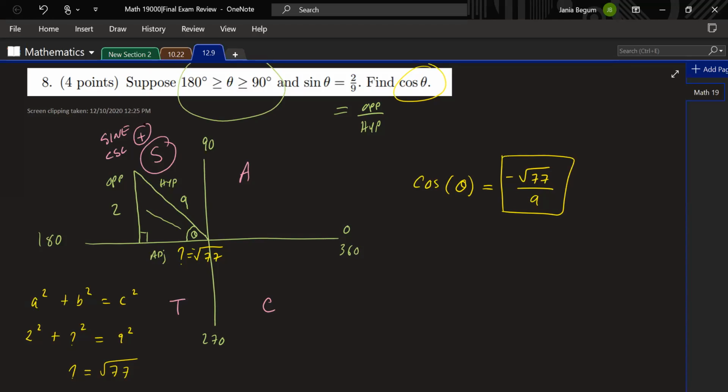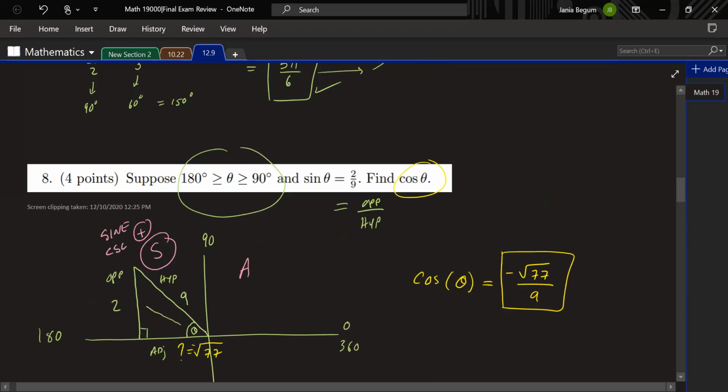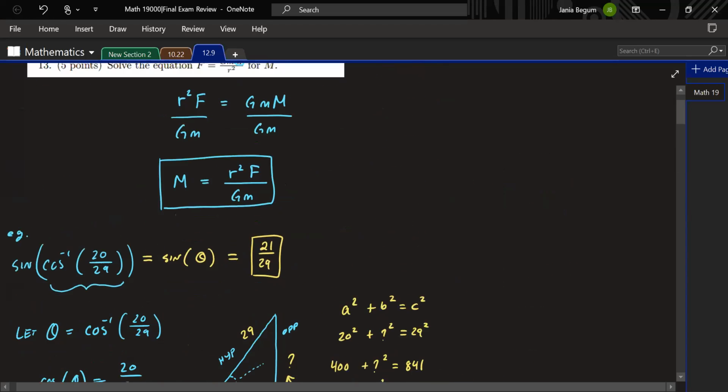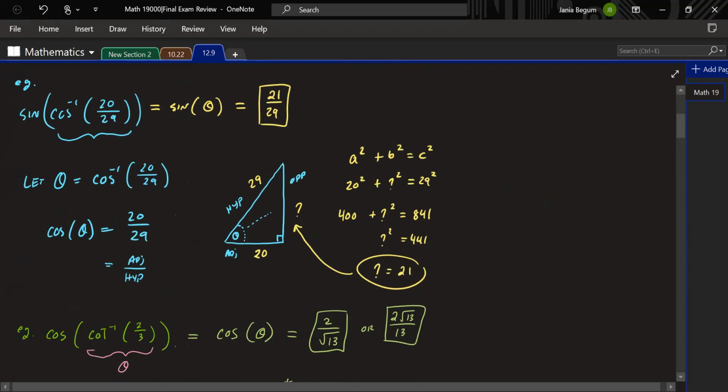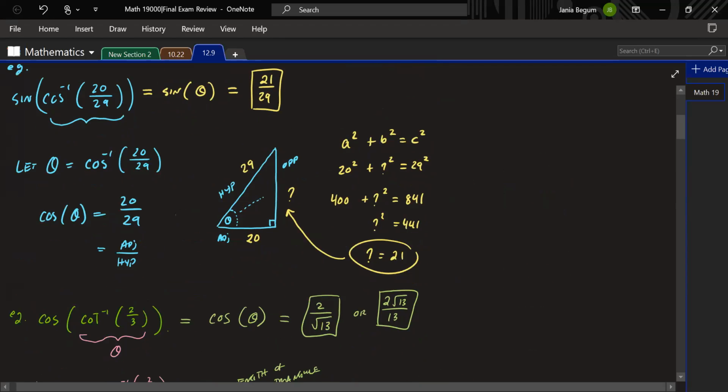But in the last example we did, it wasn't a coordinate plane, it was more of a triangle. We don't really have to be careful of whether cosine or sine is negative or positive, right? Right, because here you're doing composition of inverse trig. So you're not really putting the right triangle on a quadrant. You're just drawing the right triangle.